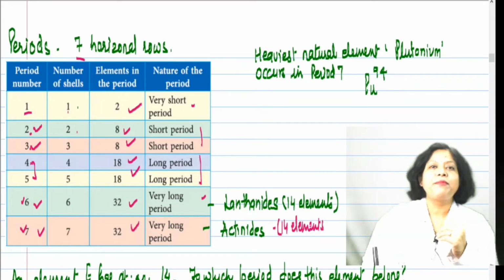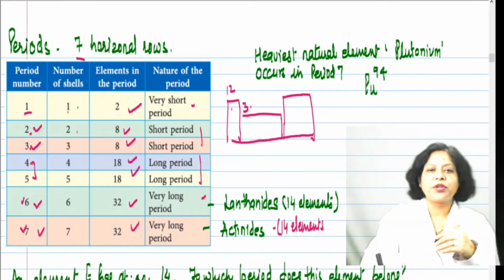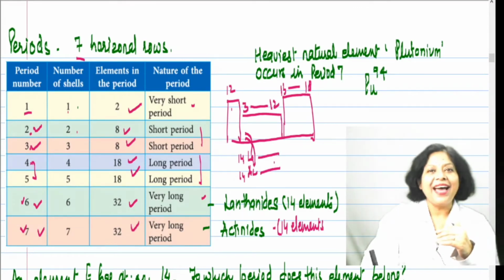If you see the periodic table, this is group 1 and 2, then group 3 to group 12, then you have 13 to 18, and underneath you have the 14 elements of the lanthanide series and the actinide series. So these are 14 elements each. Their position is here, but they have been placed over here at the base, right? So these are 14 elements each.